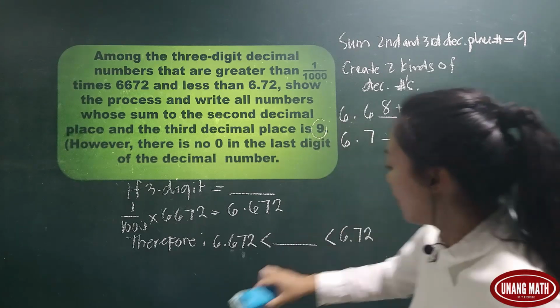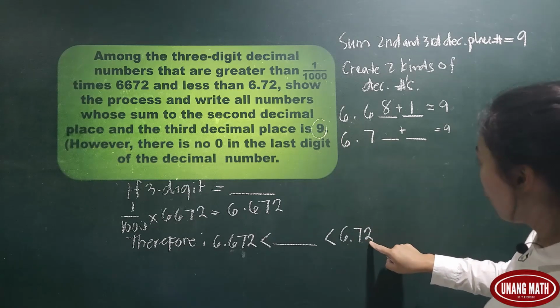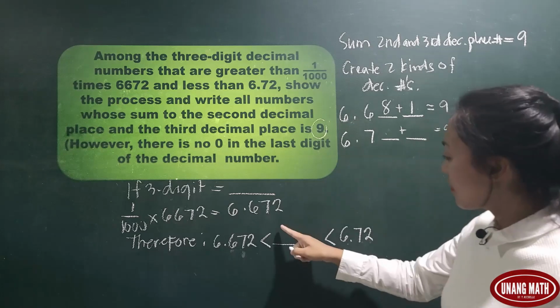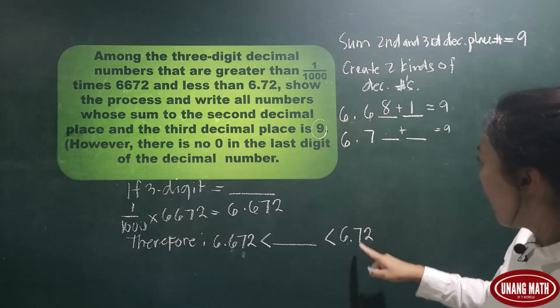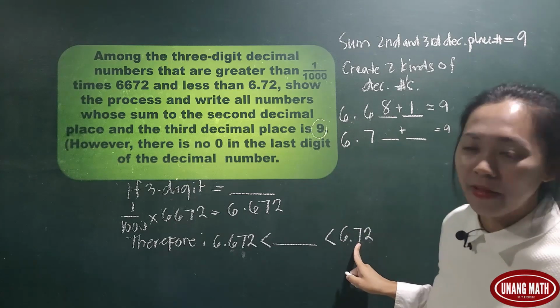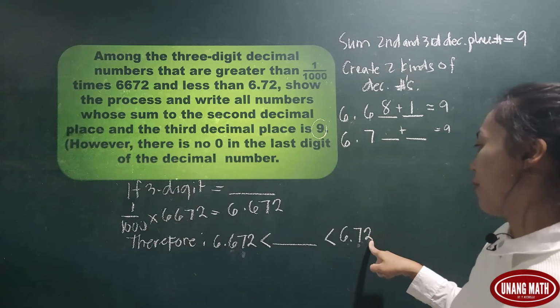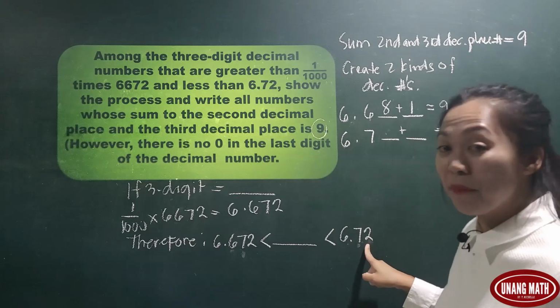Okay, so we have 6, 7, and this is 2. So, ano ang mga numbers na magsasatisfy dito? This decimal number is less than this decimal number. Okay, this is 7, this is 7. Okay, this is 2. So, ano ang number na kailangang less than this number 2?